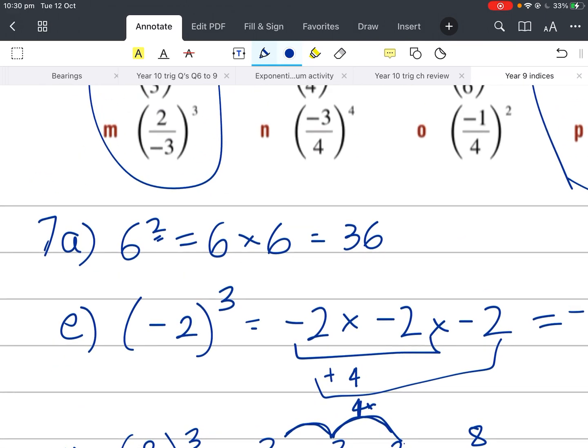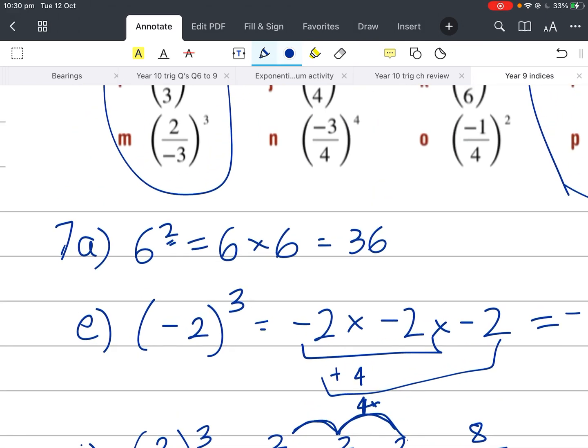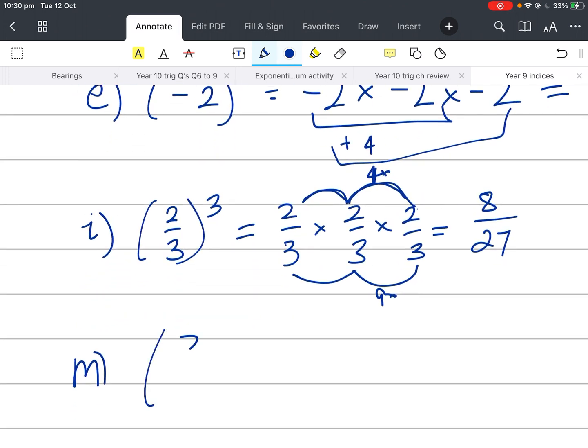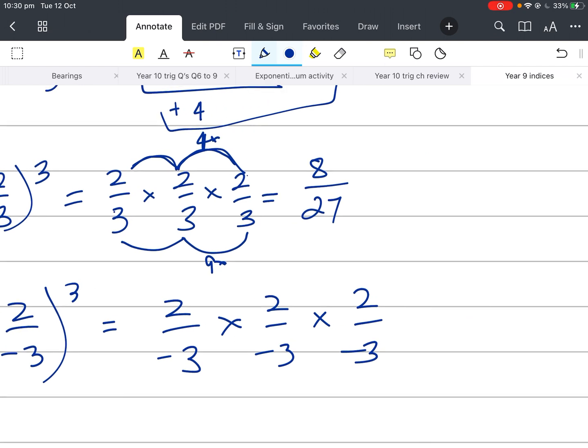And last but not least, M says 2 over -3 to the power of 3. So that means write 2 over -3, 3 times.